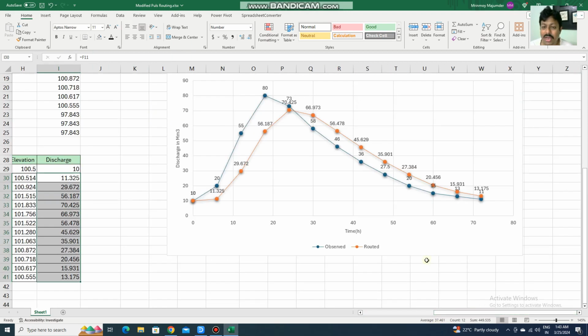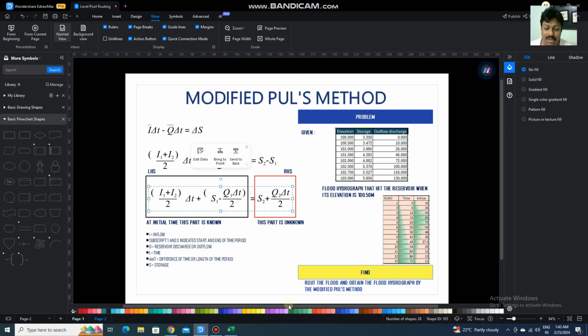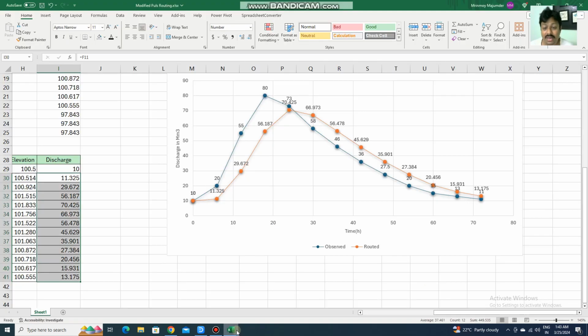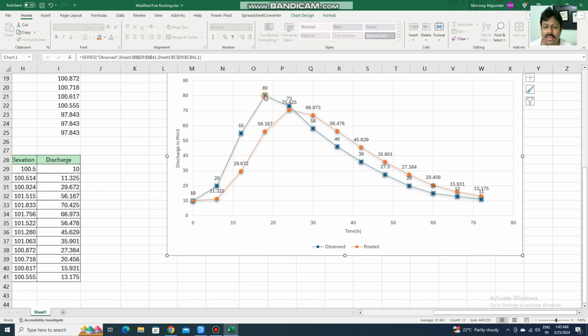So the problem was that you have to obtain the flood hydrograph by the modified pulse method. So that is the predicted flood hydrograph with the help of the modified pulse method. And yes, this is the actual hydrograph at the initial time, or inflow hydrograph. Peak is 80. This is the predicted hydrograph.